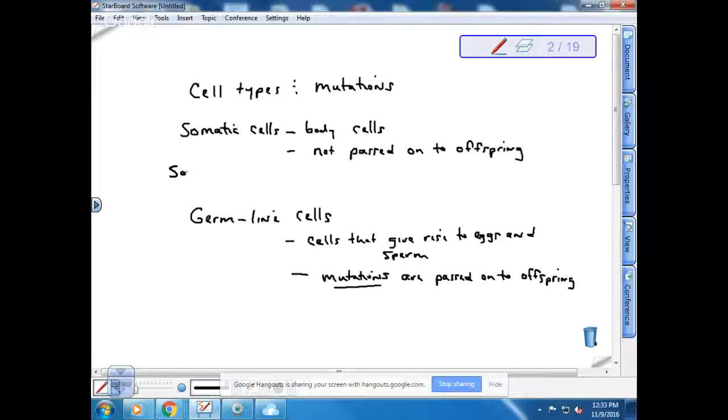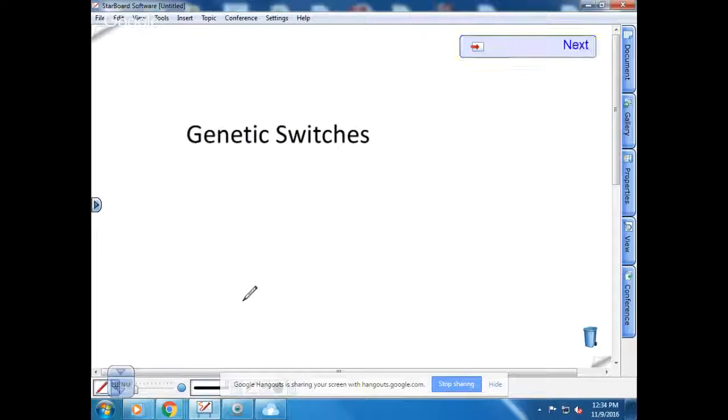So somatic mutations, and these are germline mutations. Oh, we talked about gene duplication.